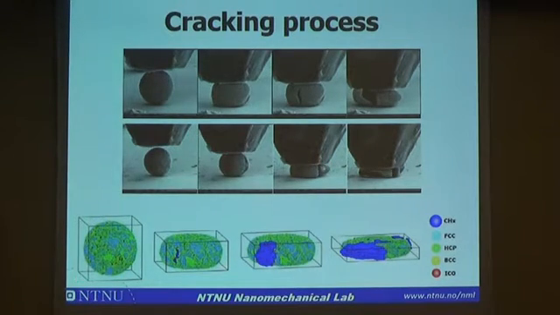And in the molecular dynamics simulation, we can repeat this experimental cracking process very well. Of course, there is a scale difference. Here we have particles of only 10 nanometer size, while here we have 4 micrometer size. And the coating thickness here is only 1 nanometer.